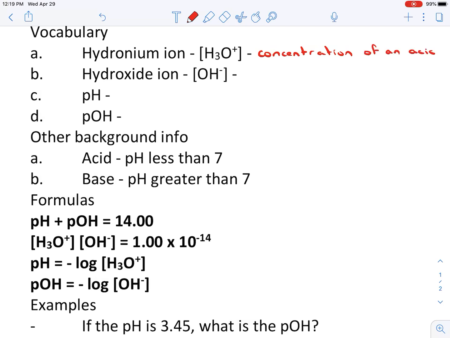And when we talk about that concentration of an acid, we're talking about how many moles of acid are dissolved in water, so per liter. All right, so we're talking about how strong an acid is or how much acid there is in it. If we look at the next one, hydroxide ion, OH-, this is the one that's going to tell us our concentration of a base.